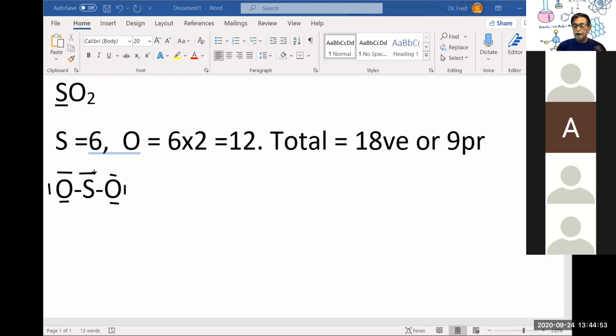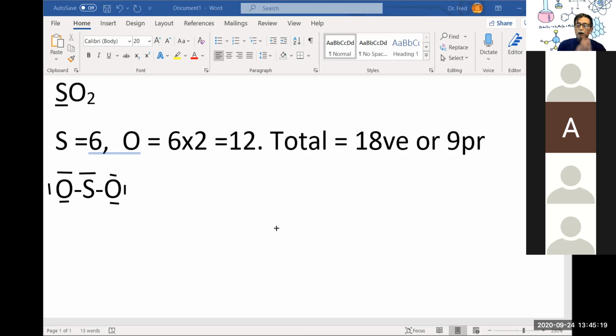Now count all my bonds. Do I still have 9 pairs? That's the important part. As you make these drawings, go back and check that you didn't lose a pair someplace or mistakenly add a pair. If you count the lines, you will see that I have 9 pairs, or 18 valence electrons.